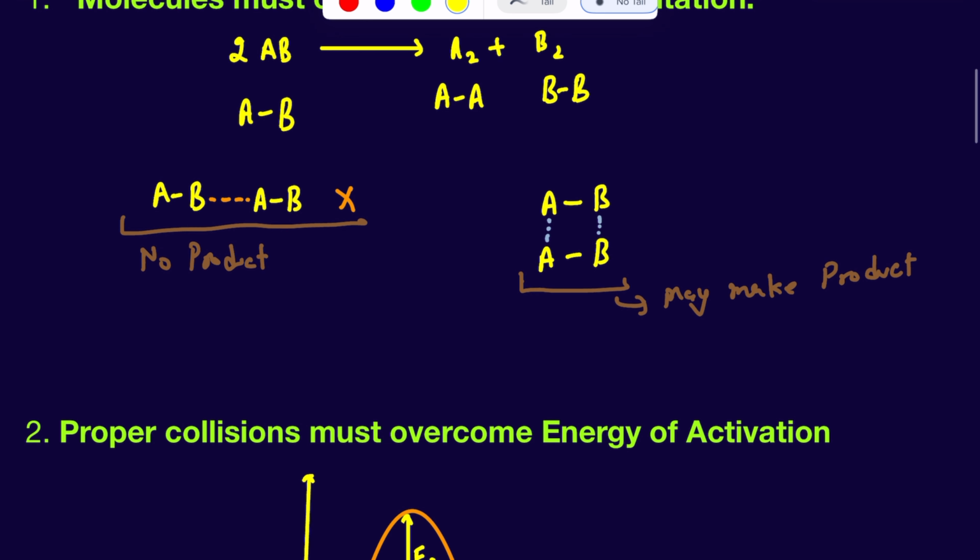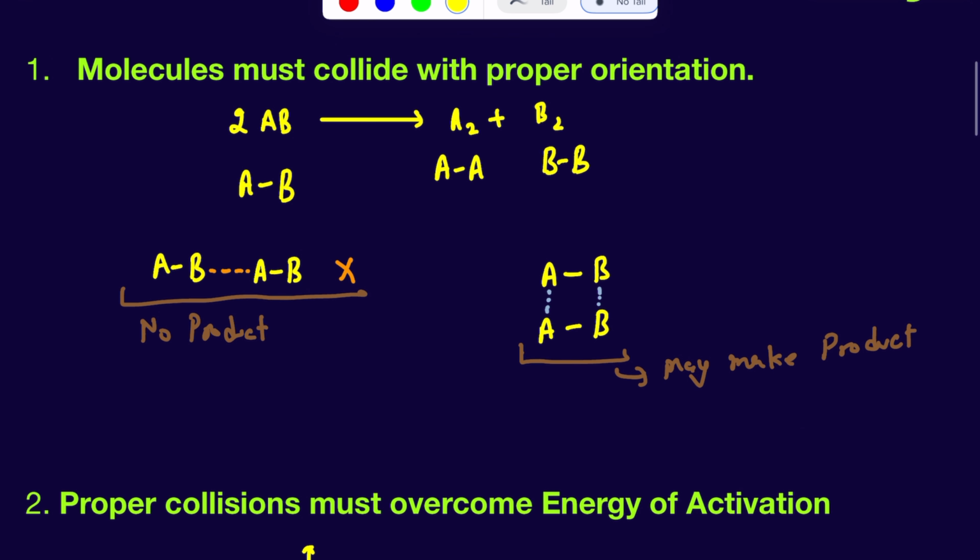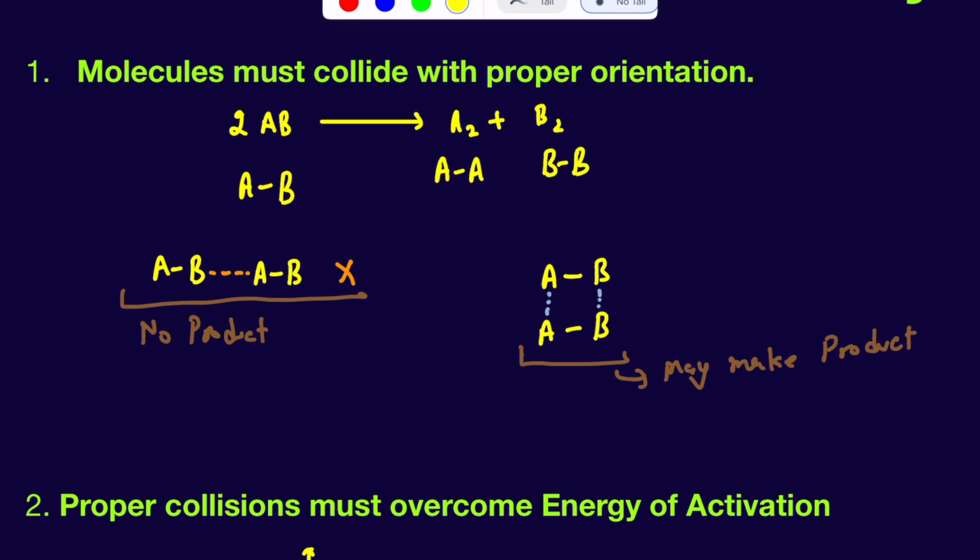Now, you don't really have a lot of control over those things. For example, how can I make sure that when these molecules are colliding with one another, they collide with a proper orientation? The simple answer is, you don't have any control over that.